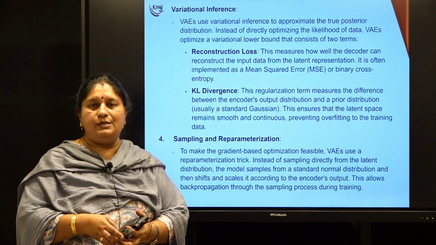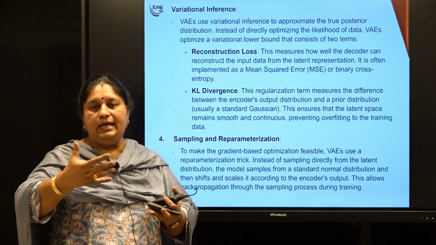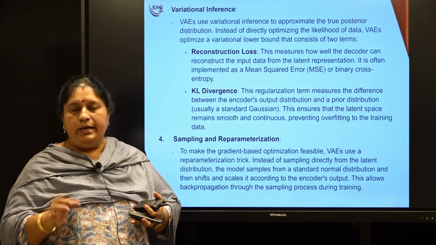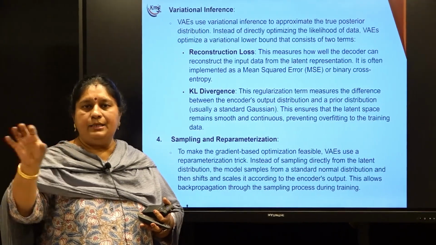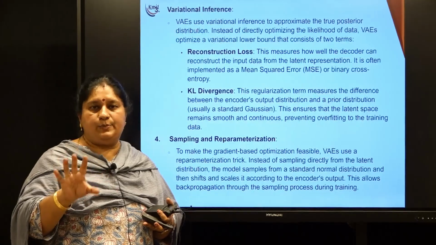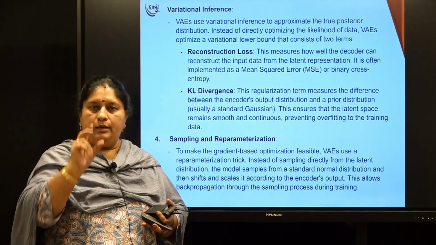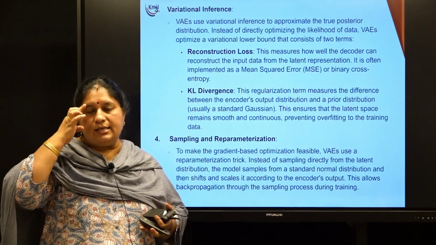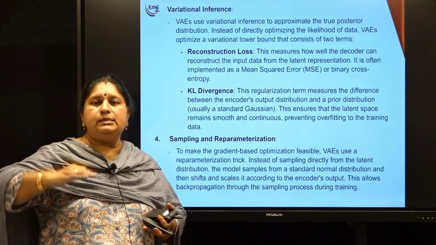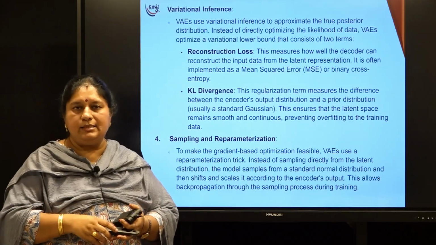What is the meaning of this? Instead of directly taking it from the latent distribution, it will take some sample distribution points from the latent space and then reconstruct the image. Then it will see what the required size of the compressed image is, and scale it accordingly to the size that is required.